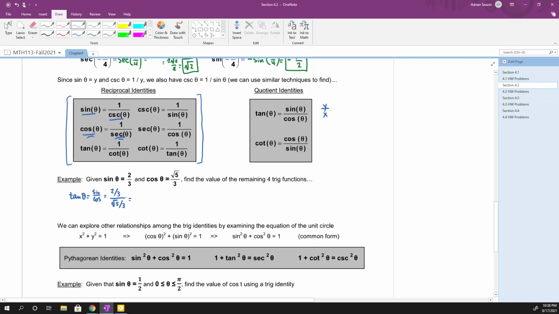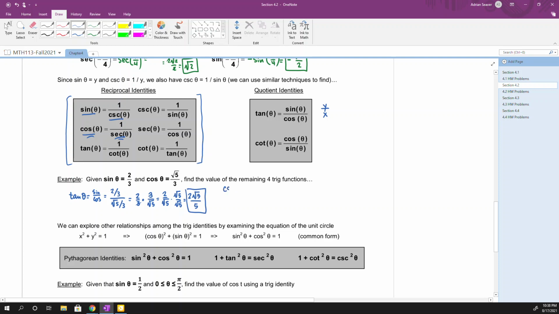I want to find this using a reciprocal, so I'm going to multiply 2/3 times the reciprocal at the bottom, so it'll be 3 over square root of 5. 3's cancel. I'm left with 2 over square root of 5. Again, I need to simplify that, so I'll multiply top and bottom by square root of 5. We get 2 times the square root of 5 over 5. So that's the tangent of theta.